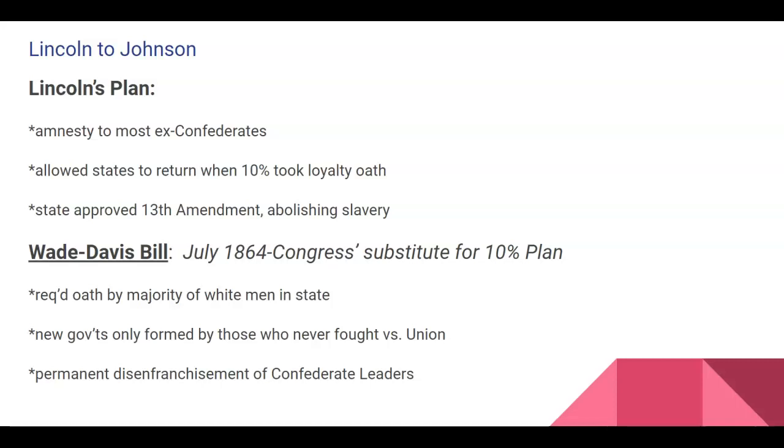Well, that's not very many people when you consider the number of Confederates who fought. And they also wanted the permanent disenfranchisement of Confederate leaders. So if you were a leader of the Confederate government, if you had served in a high-ranking position in the Army, you would never be able to vote again, ever.